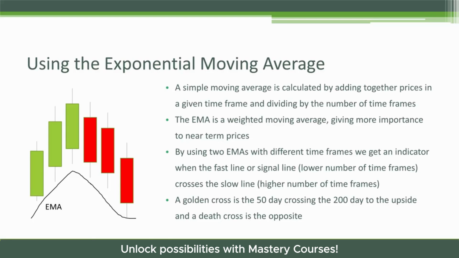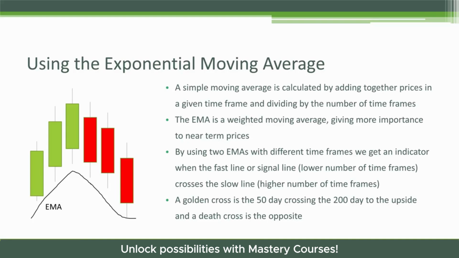The EMA, or the exponential moving average, is calculated in the same way, except the closer in time frames, the closer days are given more weight than further out days. So yesterday's closing price would be given more weight than the day before, which would be given more weight than the day before.